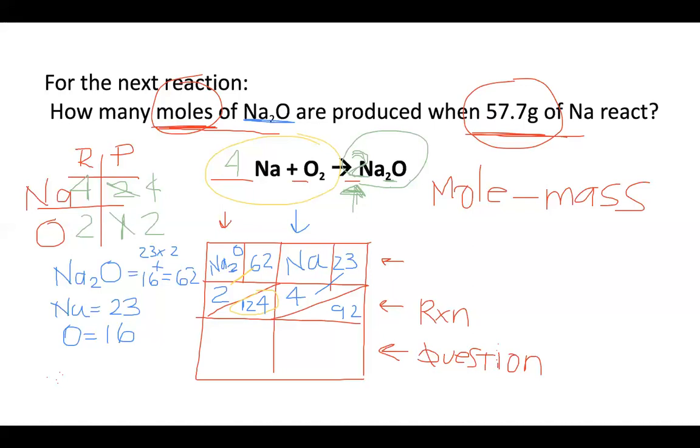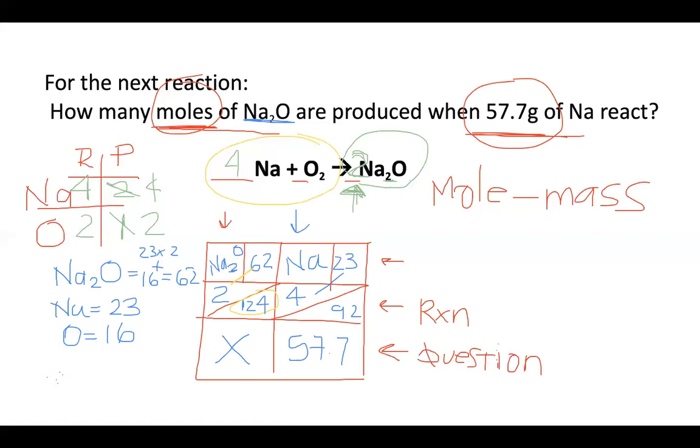The next thing to do is look at the question. It says how many moles of sodium oxide, this is my X, are produced when 57.7 grams of sodium react.